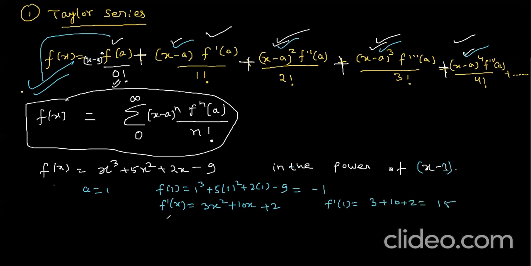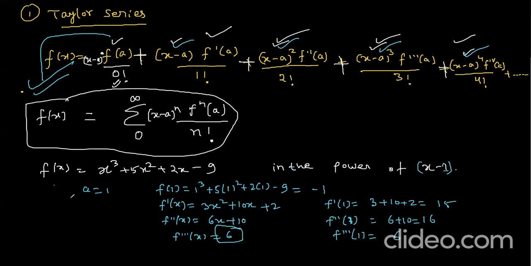Now we find the double derivative: 6x plus 10, because the derivative of a constant is 0. F triple dash is 6. You cannot differentiate further because the derivative will be 0, so this function can be differentiated 3 times maximum.